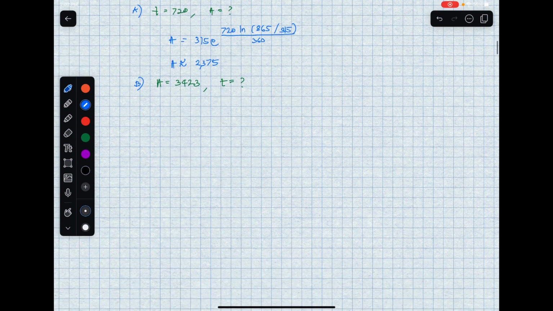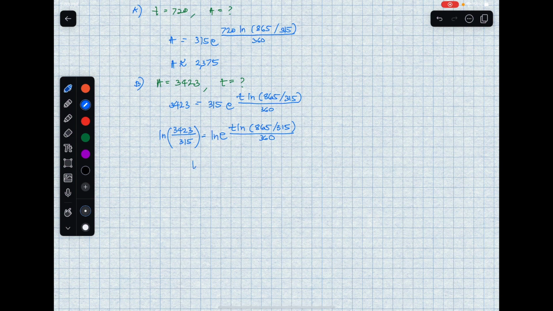We use the formula: 3,423 equals 315 e raised to t ln of 865 over 315 divided by 360. That makes it 3,423 over 315 equals e raised to t ln of 865 over 315 divided by 360. So take ln of both sides.